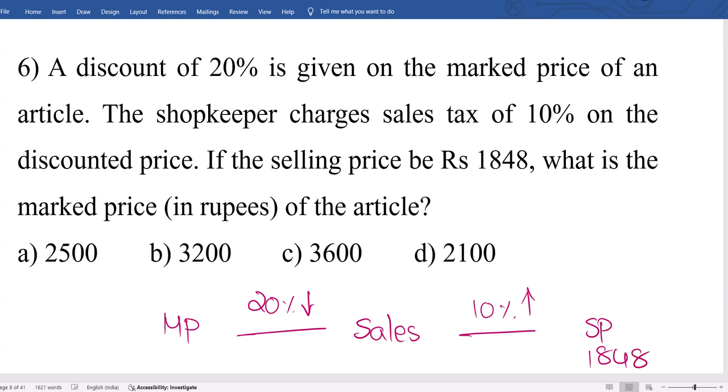Maybe girls may be a bit more aware of this when they want to purchase gold. Gold today is around 7,500, let us say, per gram. But if you purchase 1 gram from the shop, you don't get it at 7,500.